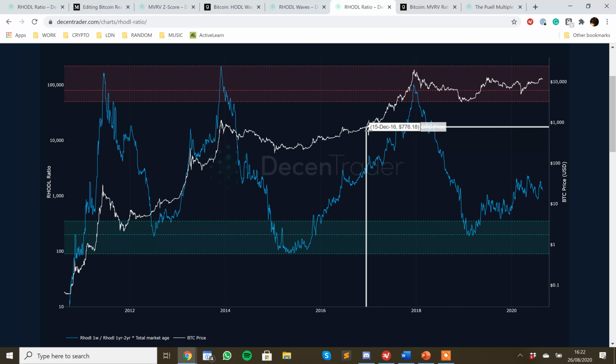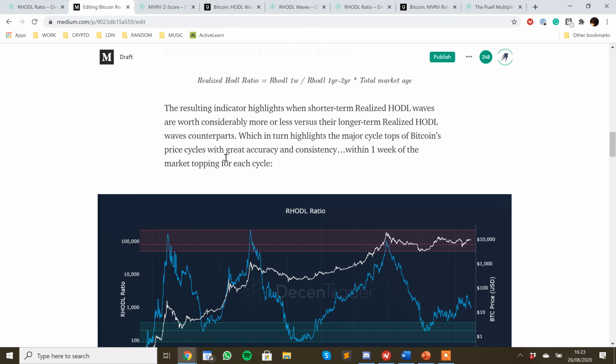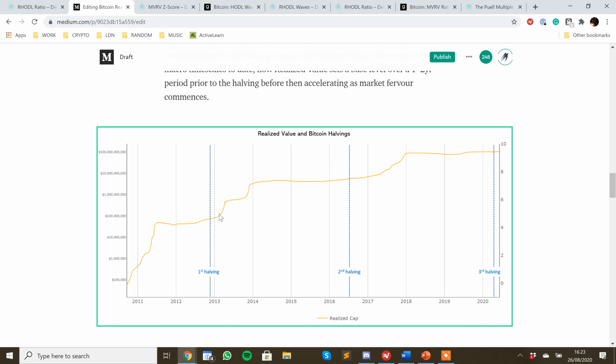My sort of thinking or rationale for this, which I'll go into in the article, I'm not going to go into too much detail now, but I think it's because of the halvings. So you get these supply shocks every few years, and look at how realized value has reacted after each of those halving events. We have the halving, and then we get the supply shock, and more people start to FOMO into the market.